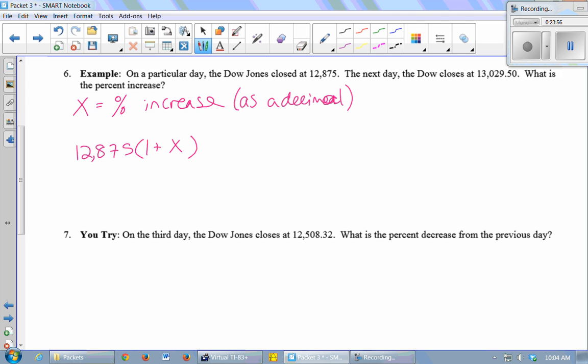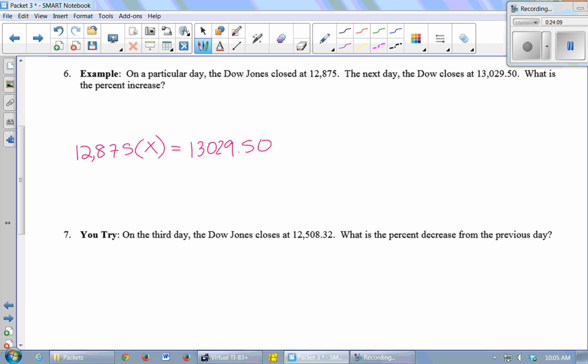Let's just call it X, to make it simpler. We multiplied that by some number, and we got 13,029.5. So how do you figure out what we multiplied 12,875 by to make 13,029.5? Divide. 12,875 times X, so to undo that, divide.